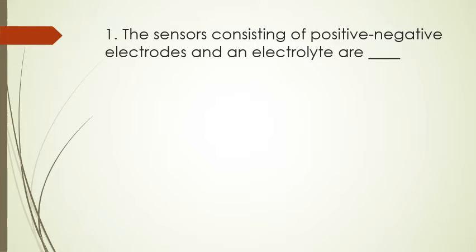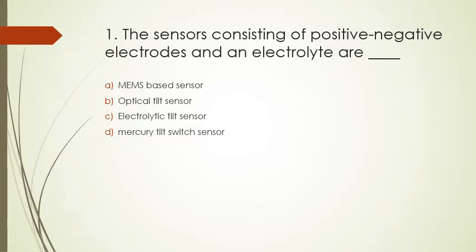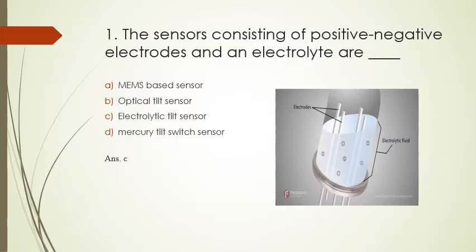The sensors consisting of positive negative electrodes and an electrolyte are dash. Options are MEMS based sensor, optical tilt sensor, electrolytic tilt sensor, and mercury tilt switch sensor. Whenever we are talking about electrodes and electrolyte, it is related to the electrolytic tilt sensor, and this is how it looks.